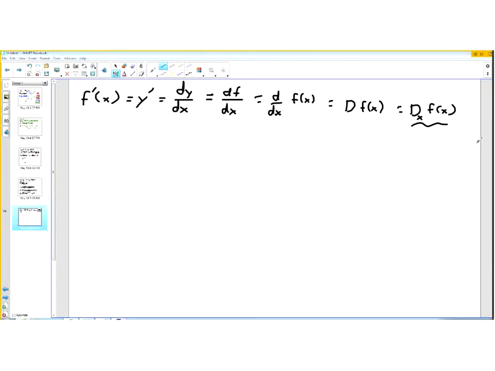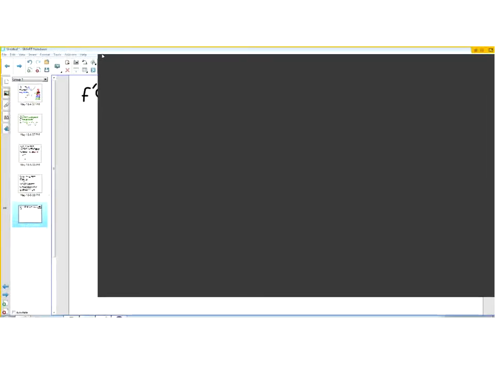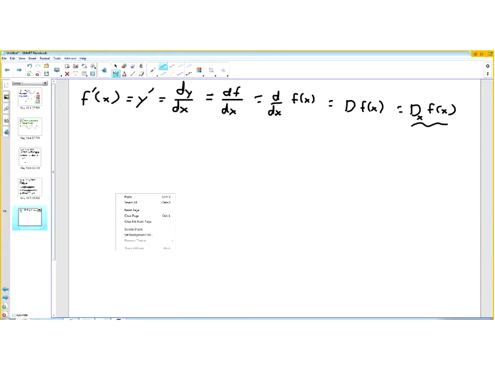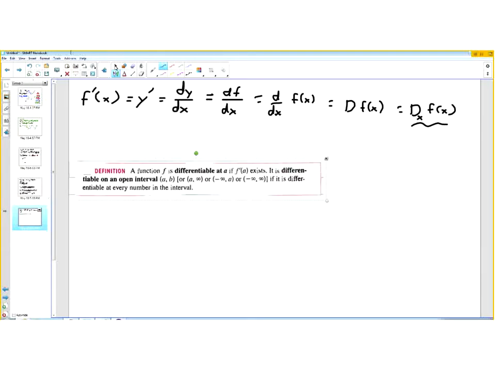All right, so I want to give you a definition now. We'll paste it in from the book. A function is differentiable at a number a if f prime of a exists.